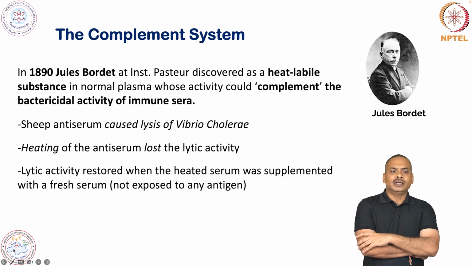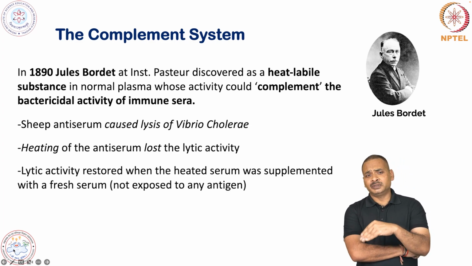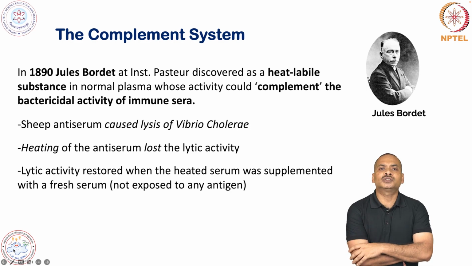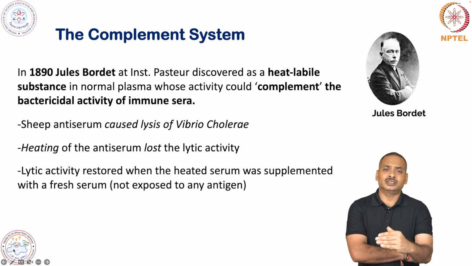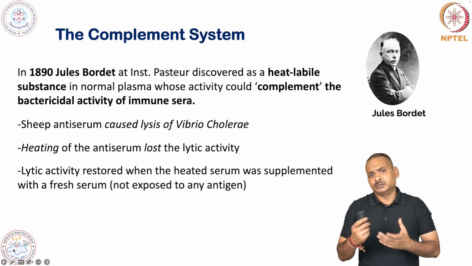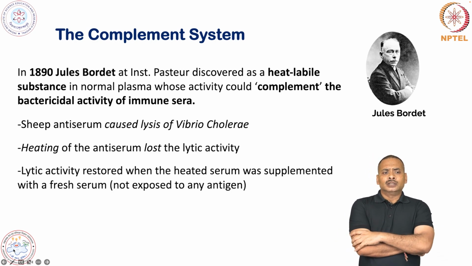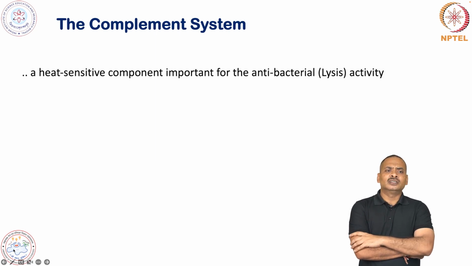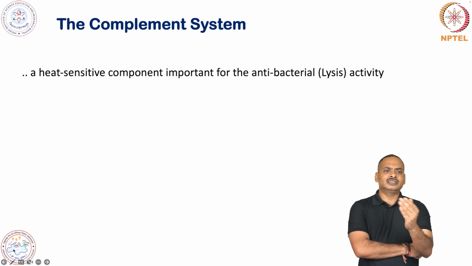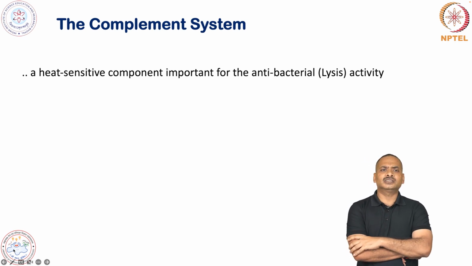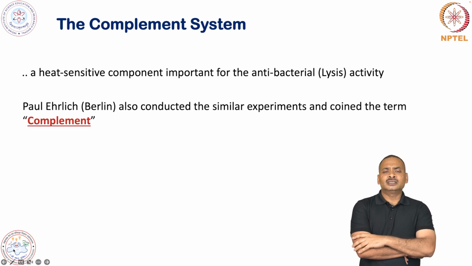Lytic activity can be restored when this heated serum is mixed with fresh serum, irrespective of whether it is pre-immunized or immunized. So this was all his work, and finally he established that this heat sensitive component is important for bacteriolysis.